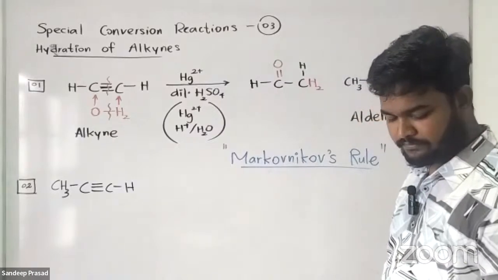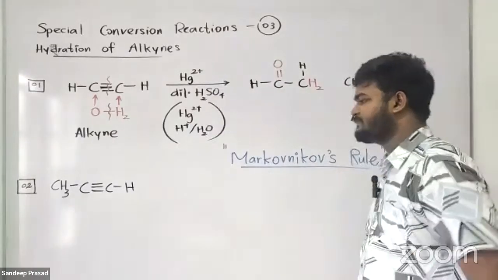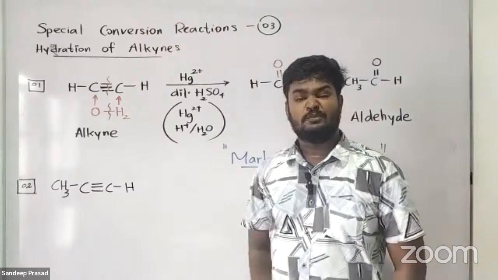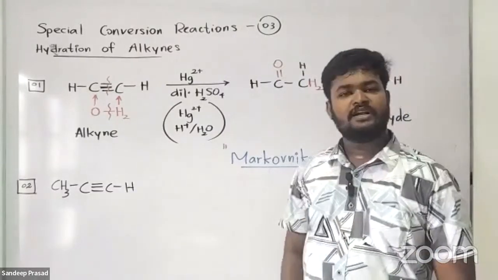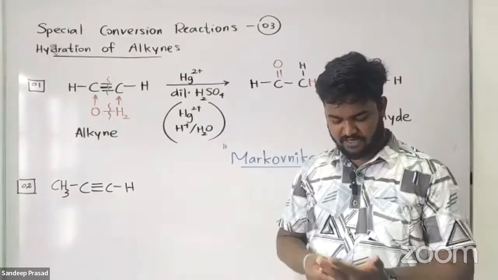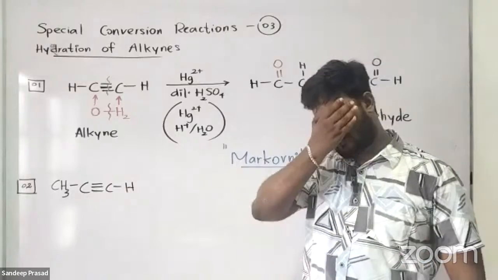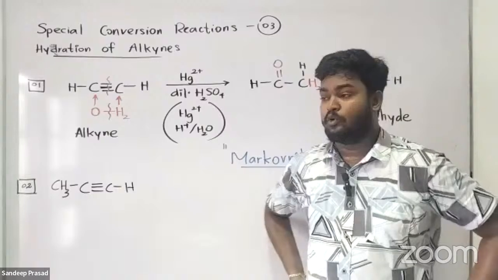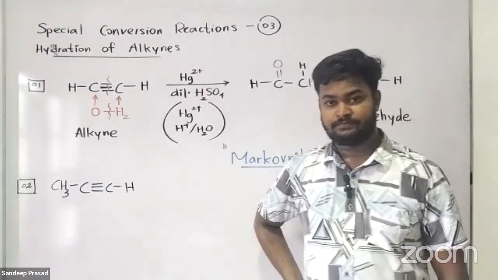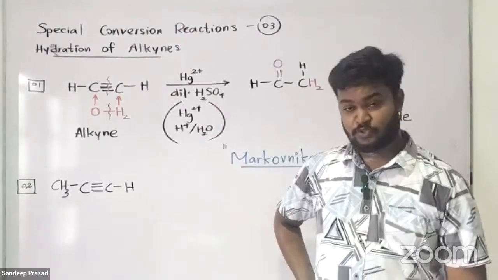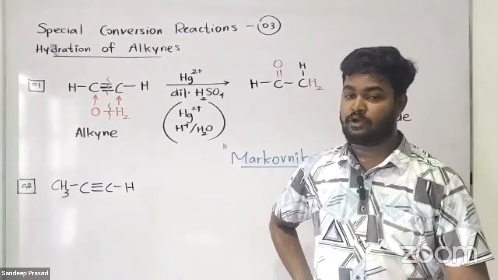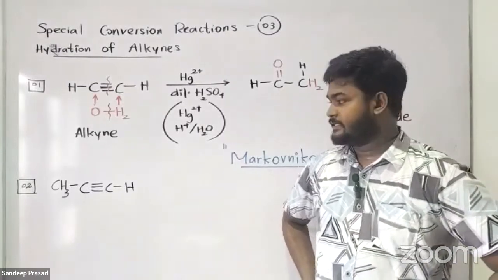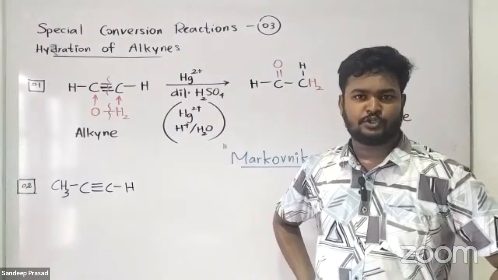Markovnikov's rule says that the rich one is becoming more rich, and the poor one is becoming more poor than before. Rich with what actually?